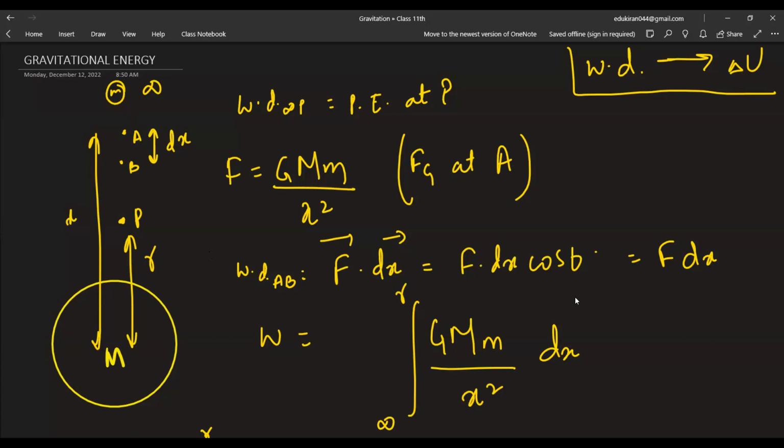Ma'am, why? Because P point is separate. We always take, I have told you, in gravitation, we always take everything from the center of Earth, because gravitational force and everything will act from the core of Earth only. So you're not going to take the separation from infinity to the point. Even when we were considering A point, when the point mass M landed from infinity to A point, we had chosen x, which was the separation from the center.